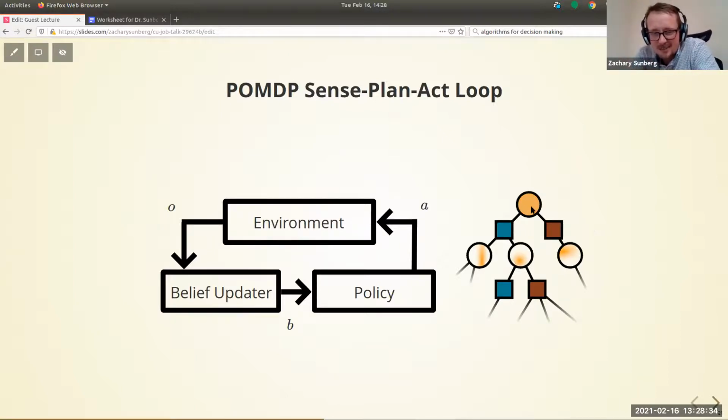Now, I've tried to make this look like a belief. These orange things kind of look like skewed Gaussian distributions or something. Those are to emphasize that now, instead of these circles corresponding to states, they actually correspond to beliefs. And one of the problems with doing tree search in POMDPs is that it's very computationally intensive to calculate these belief updates at every point in the tree.